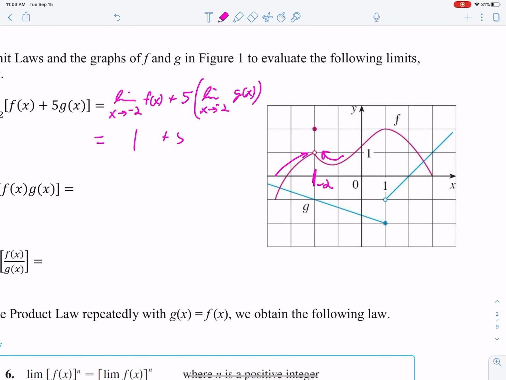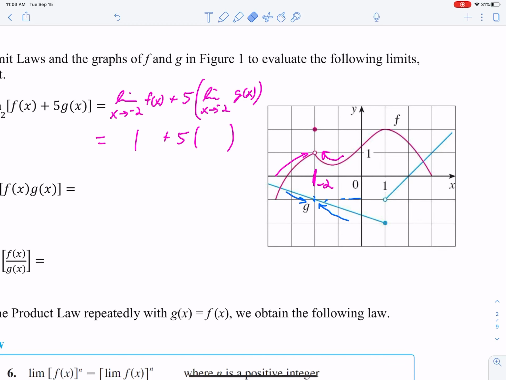Plus 5 times whatever the limit as x approaches -2 is for g(x). g(x) is the blue line. That one's pretty easy. We can see that it's approaching -1.